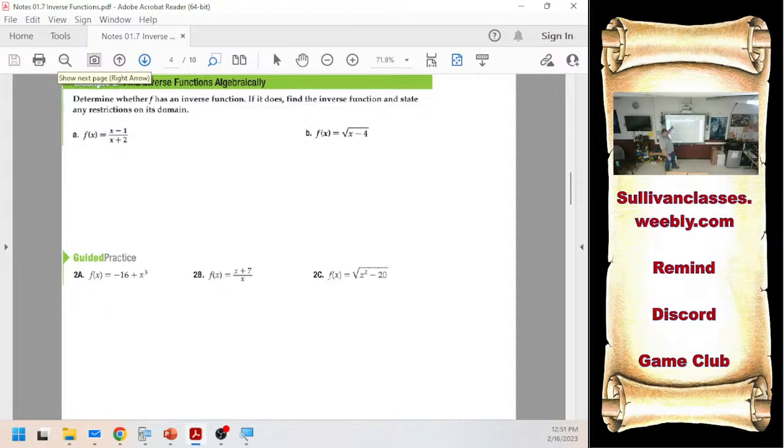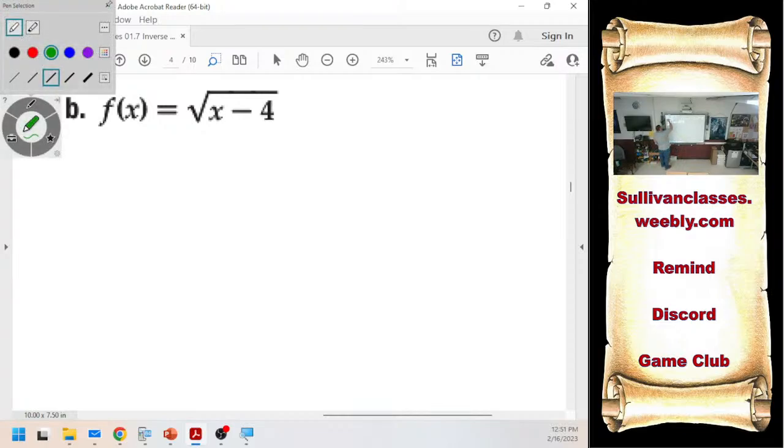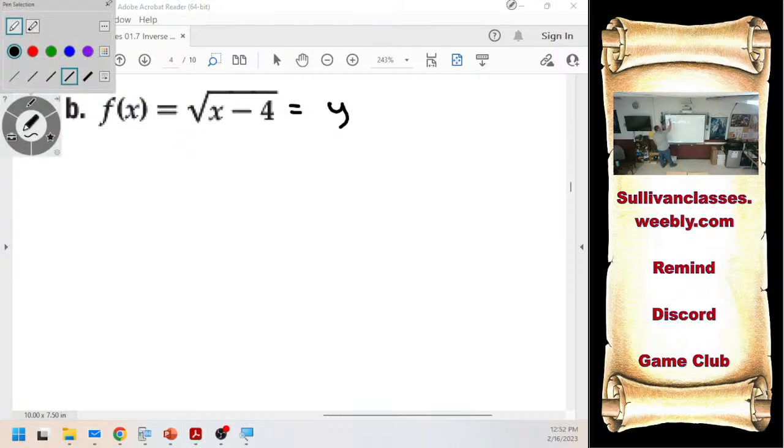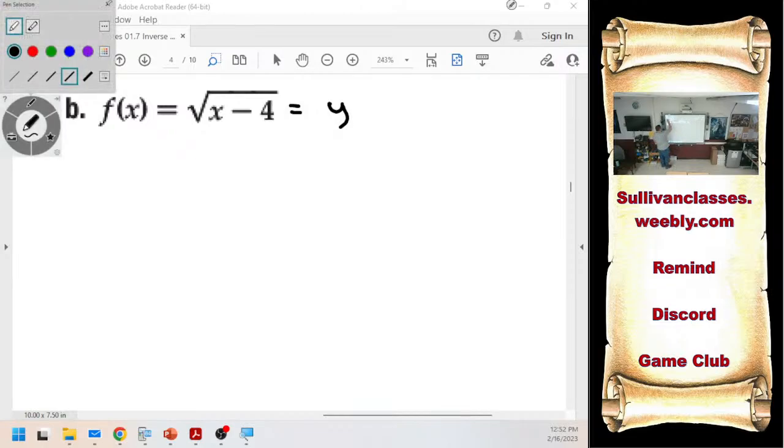Because I know this was the problem we had first hour, I want to start over here. Step one: I know that the function of x is the rule with x that gets me a y. Is this going to have an inverse or not? Should I even bother doing math? If we don't know, we better look.